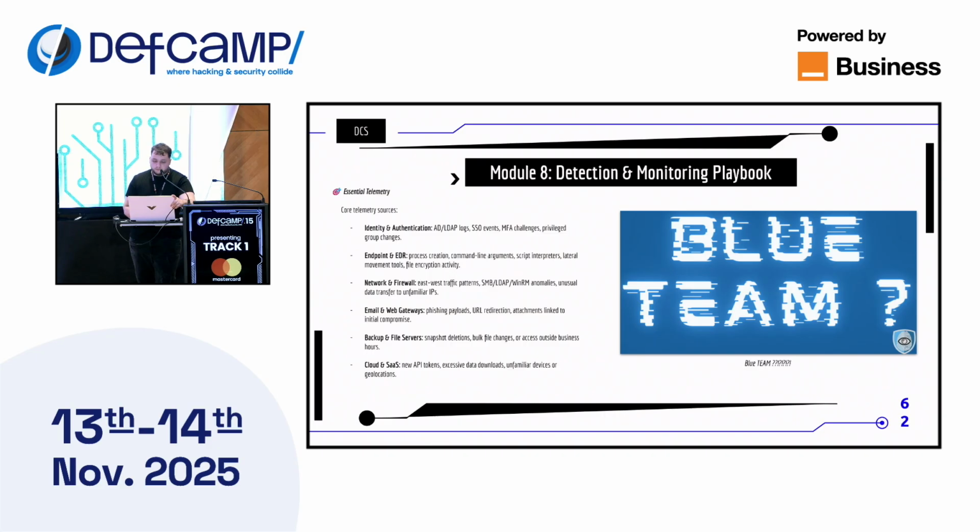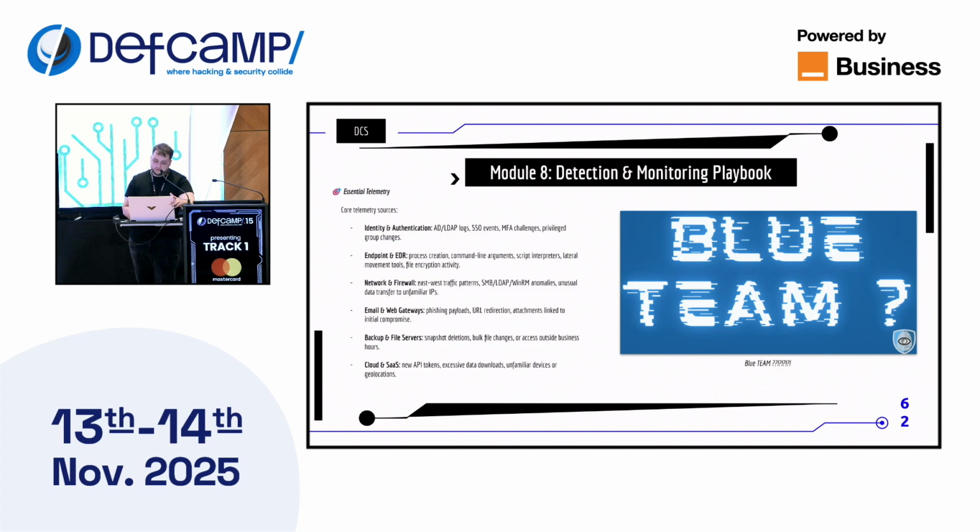We should have endpoint protections to look for process creation, command line arguments, script interpreters, lateral movement tools, file encryption activity, also network and firewall for email and web gateways to look for phishing payloads, URL redirections, attachments.